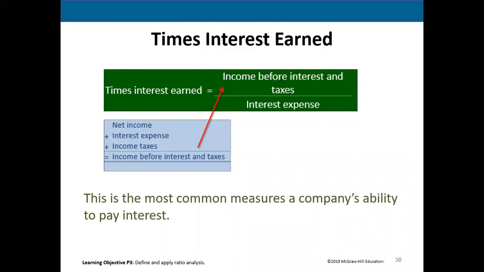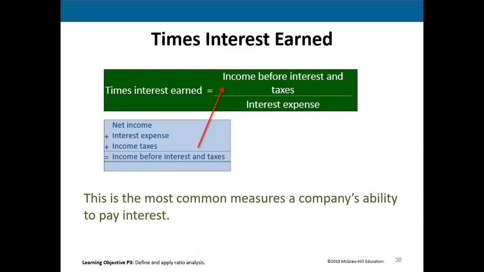We would need to know Apple's interest, and you would need to find that on the income statement. Their interest expense for this time period is 2,323. So we add that back. Then we divide by 2,323.